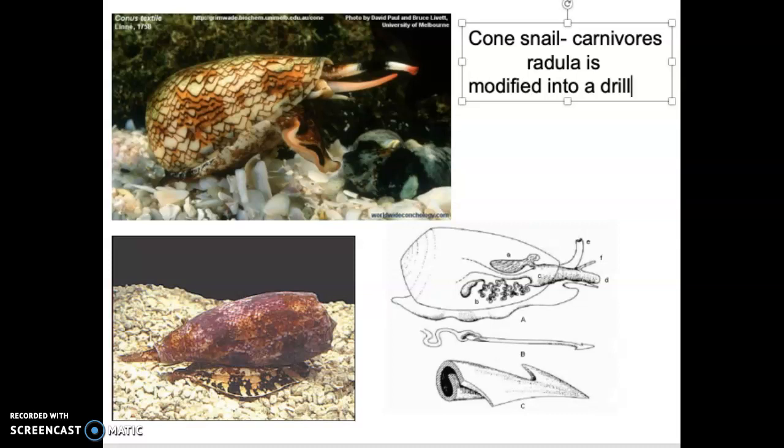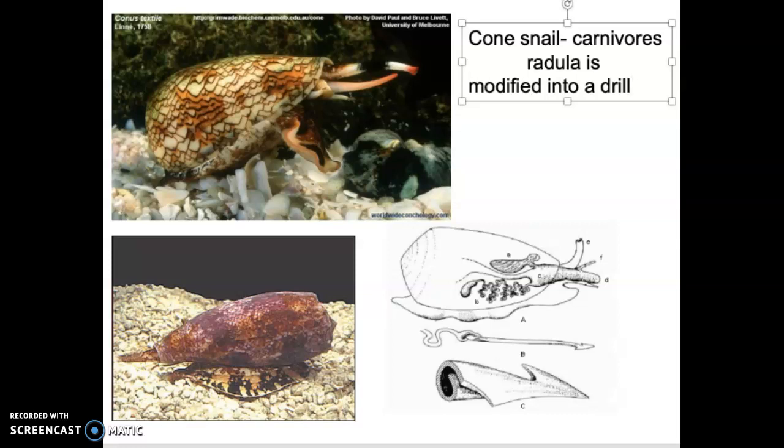So this is the irony. Members of class Gastropoda will actually eat other members of class Gastropoda. They will eat other bivalves or other mollusks. They will eat other gastropods. So, hey, if you're not moving too fast and I can crawl up on you and drill a hole into you, and then I can secrete digestive enzymes in there, awesome, I can kill you and eat you.